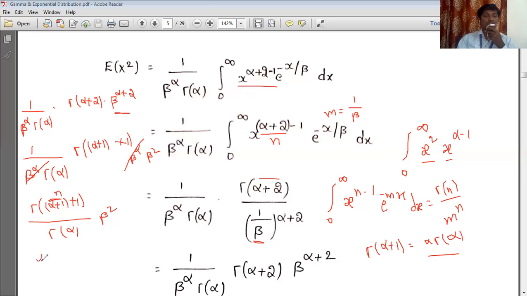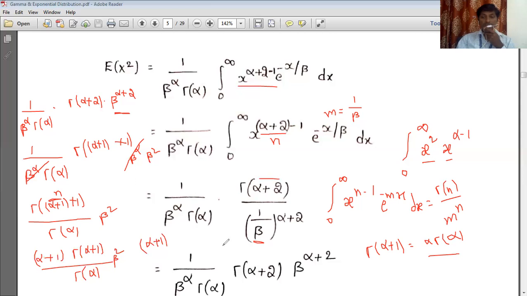It means simply we can write alpha plus 1 into gamma alpha plus 1, by gamma alpha, as this. We are not changing anything, beta square. And alpha plus 1 as this, we are not changing anything.